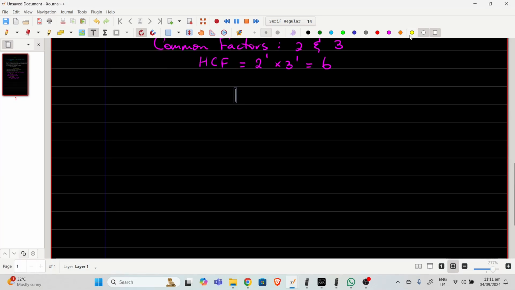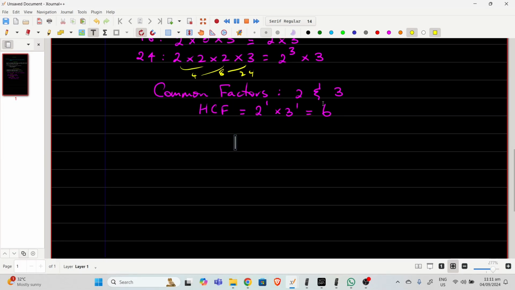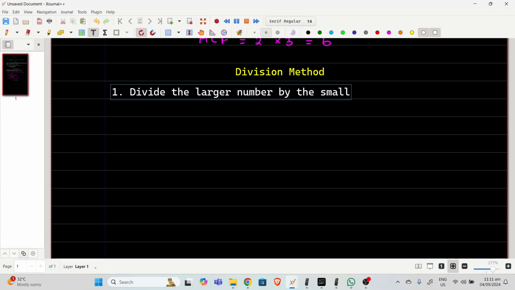And the other method, I think I use yellow for the labels. Yes, prime factorization. And the other label is the division method. To do the division method, we again have a few steps that we need to follow. Not that many steps. First thing we do is divide the larger number by the smaller number.